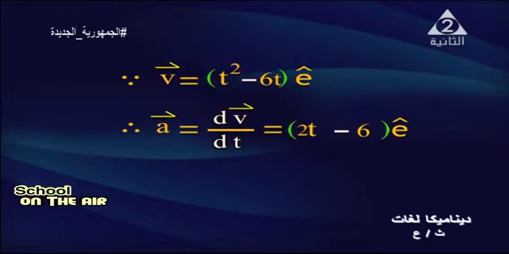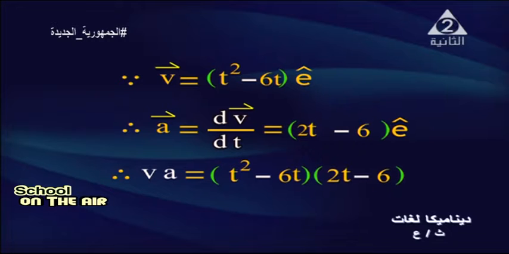The derivative of t² equals 2t, minus the derivative of 6t equals 6, in direction of e. Now we have vector v and vector a, but the algebraic measure of v and the algebraic measure of a, which are v times a, equals (t² minus 6t) multiplied by (2t minus 6).